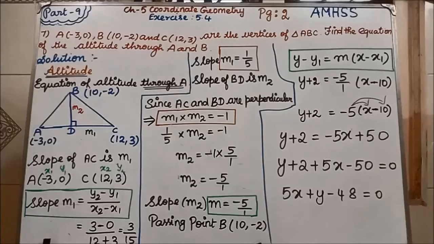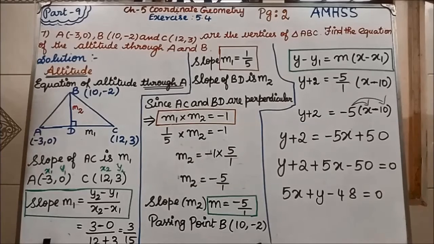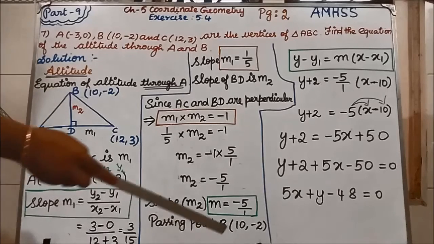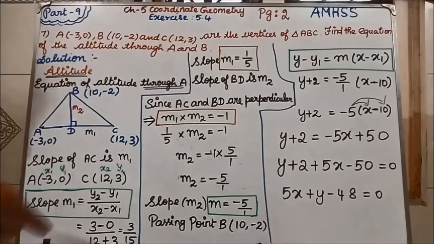Clear, students? We have one slope and one point. The one slope, one point formula is y minus y1 is equal to m into x minus x1. Here y1 is minus 2, and since there is already a minus in the formula, we get plus 2.